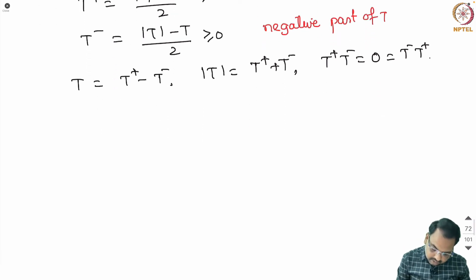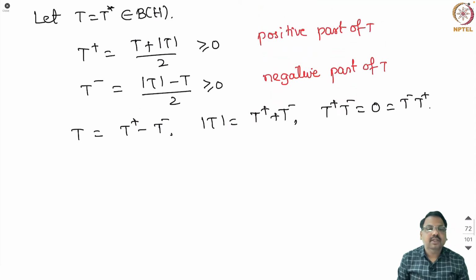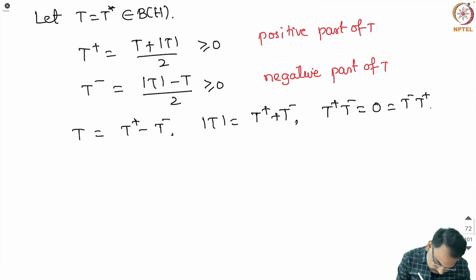Now let us look at some more information about a self-adjoint operator. We have defined the numerical bounds as follows.